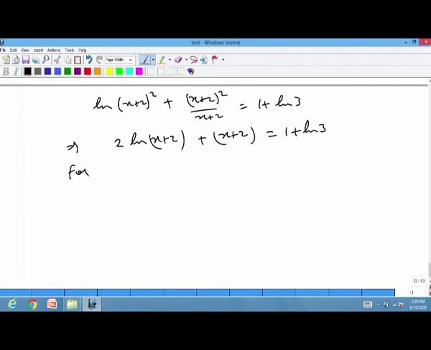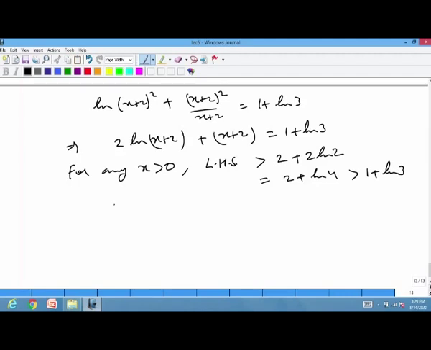So for any x greater than 0, x+2 will be bigger than 2, and 2 log(x+2) will be bigger than 2 log 2. So the left-hand side is greater than 2 + 2 log 2, which is the same as 2 + log 4, which clearly is bigger than 1 + log 3.